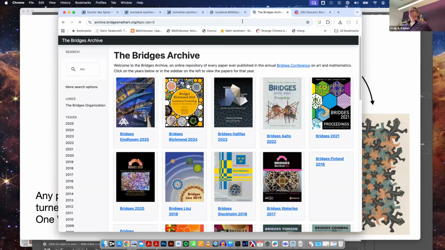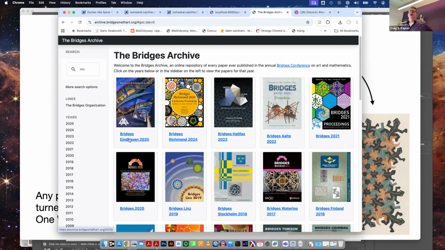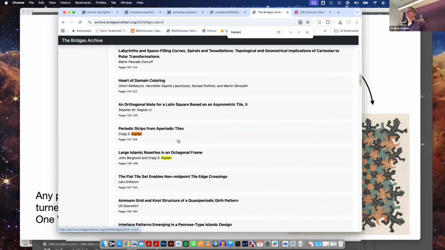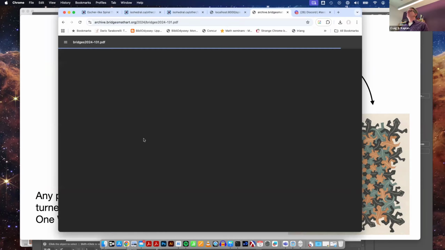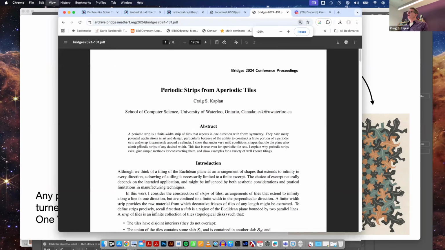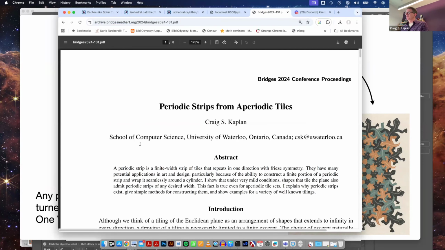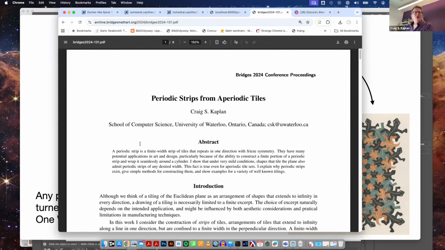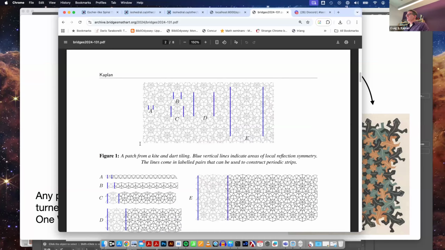So there is a connection that you can make here. In fact, in Bridges 2024, there's a paper called Periodic Strips from Aperiodic Tiles that says, even if a tiling is aperiodic, you could still make a strip that repeats in one direction, as thick as you want.